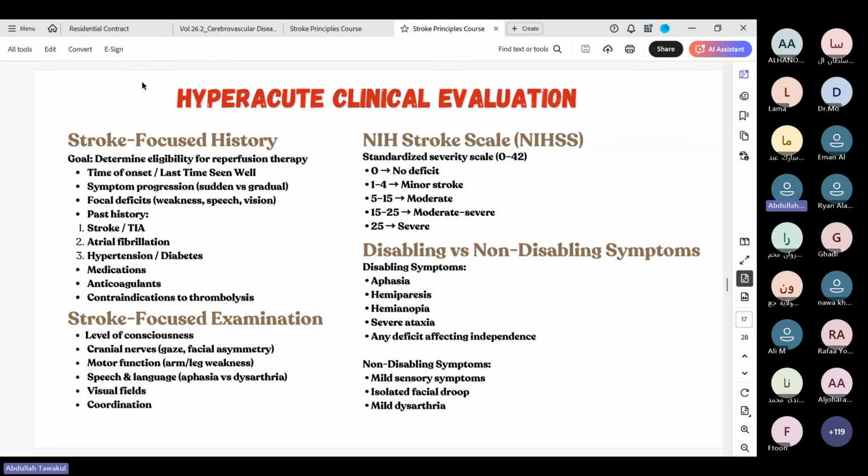So from a practical point of view, in most hospitals here in Mecca, we don't have stroke clinic. The recommendation says, if you discharge a TIA patient because he or she is a low risk TIA, that does not mean the patient can be seen as an outpatient in 1 week. You should complete the workup within 48 hours.